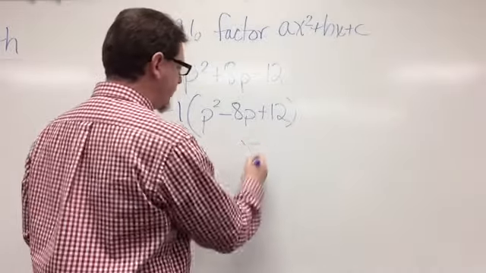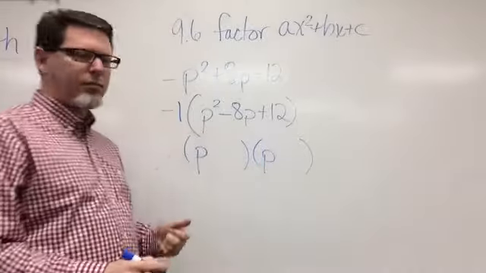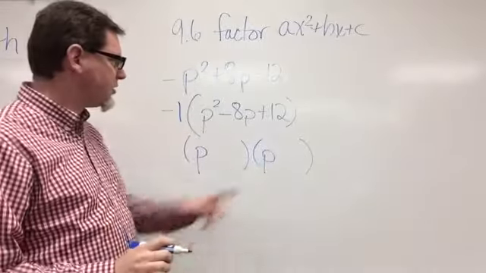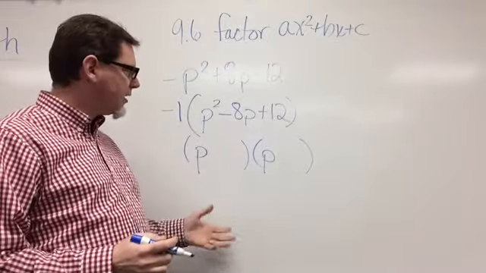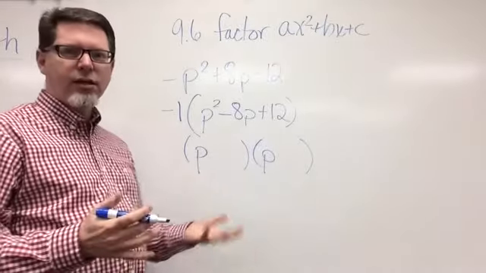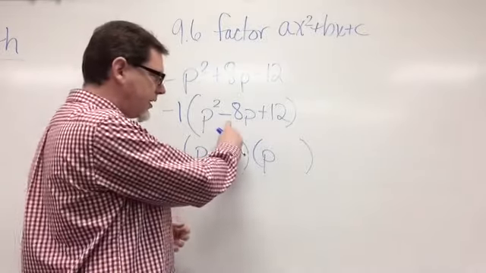So I just divided everything in the original trinomial by -1 to get this trinomial, and now I can factor it. Well, thankfully, I know it's just p and p because a is 1, so we're good there. So give me two factors of 12 that add up to -8. Well, I know those factors have to be both negative because b is negative.